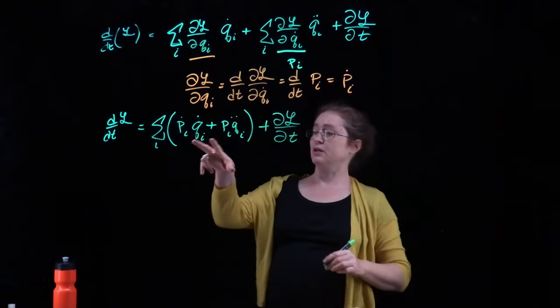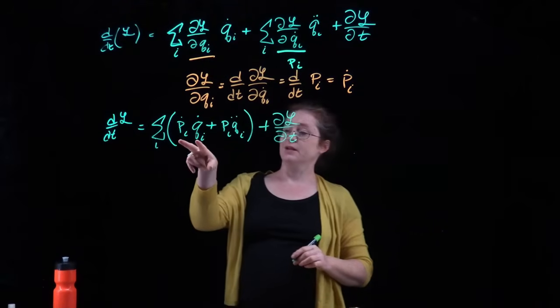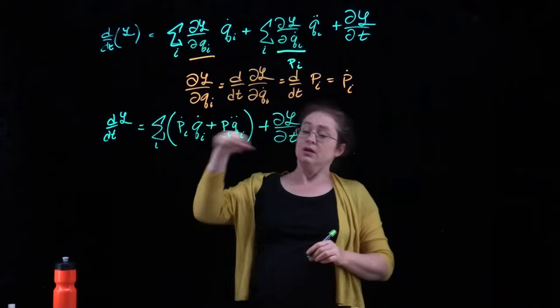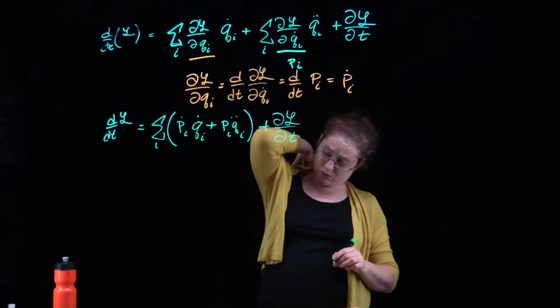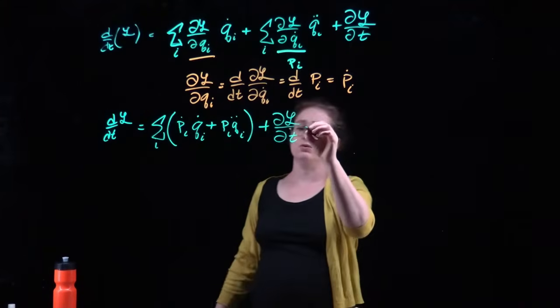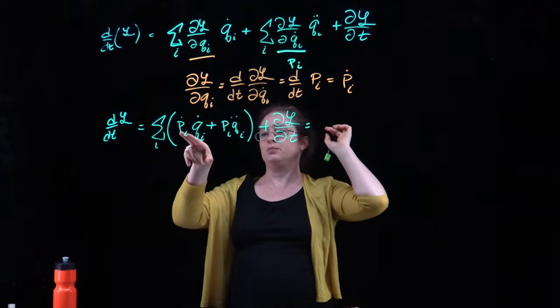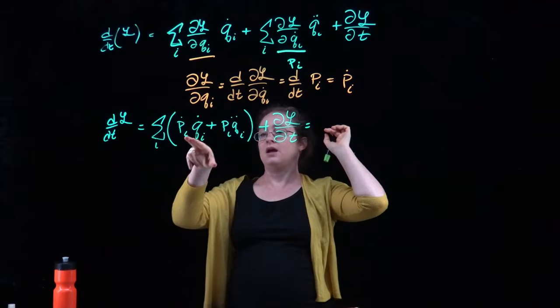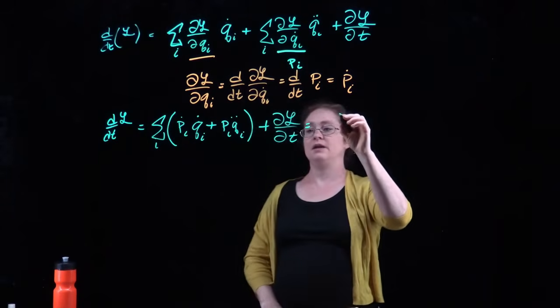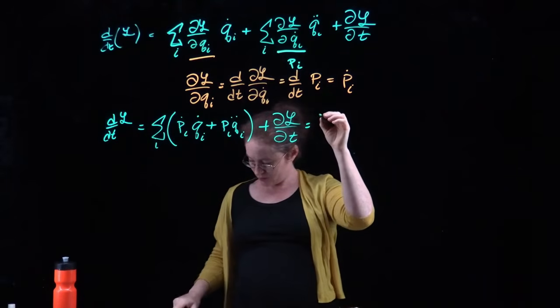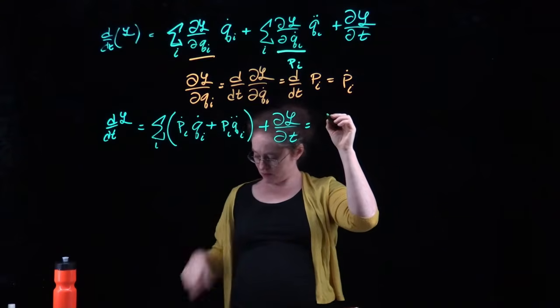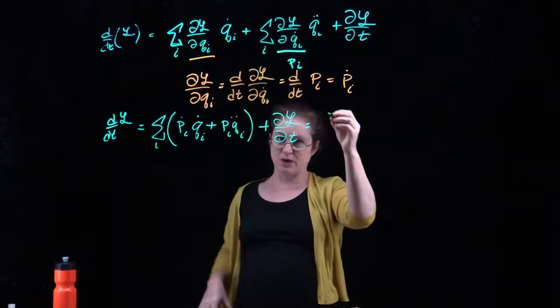Now here we can be a little clever and note that this is what you get if you apply the product rule to pi times qi dot.